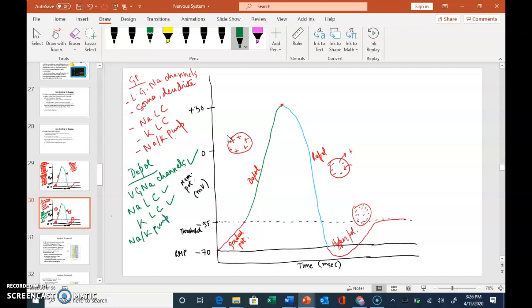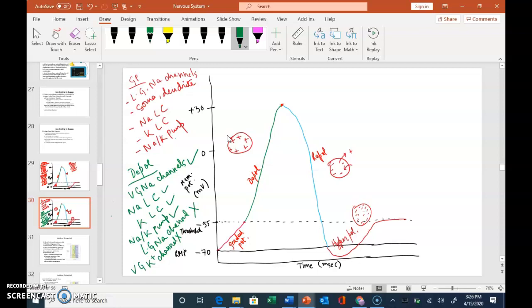That's open as well. How about the ligand-gated sodium channels? They are closed. How about the voltage-gated potassium channels? They are closed as well. Okay, so we know which channels are open and which channels are closed during depolarization.